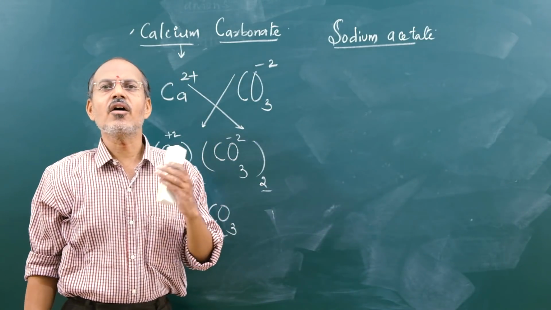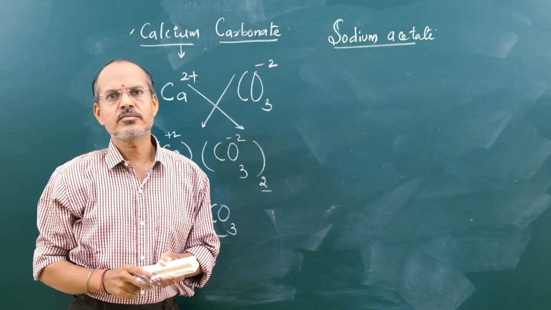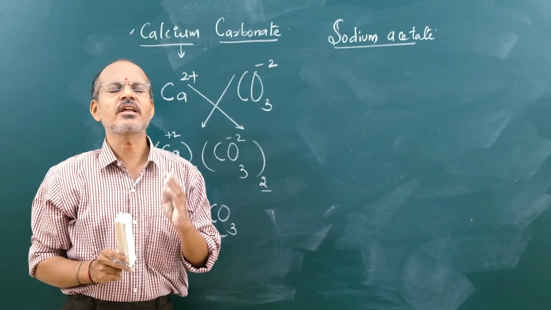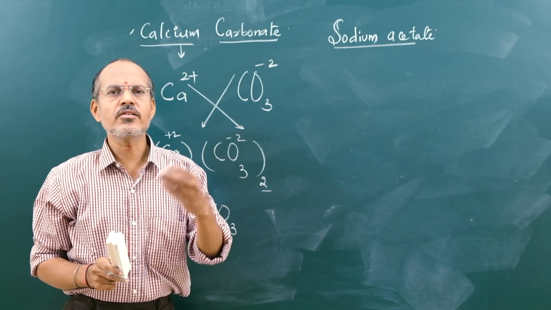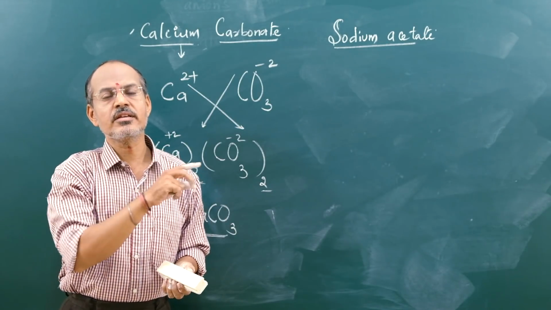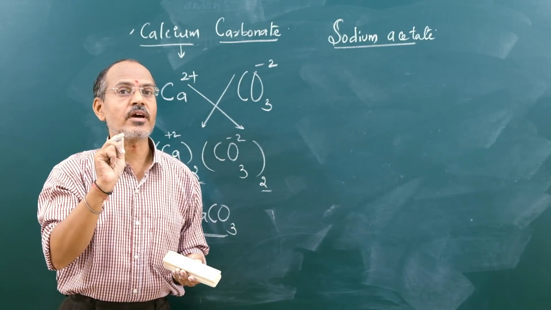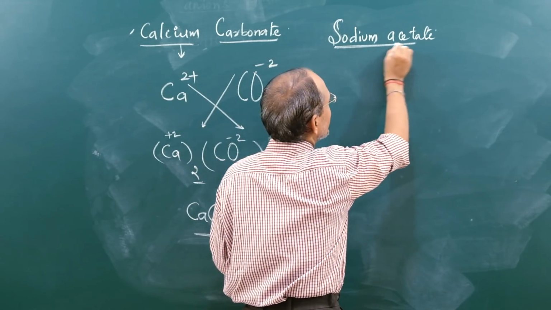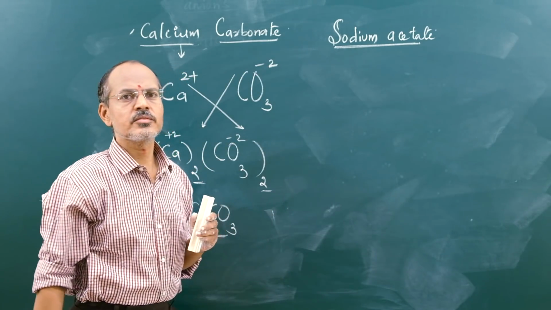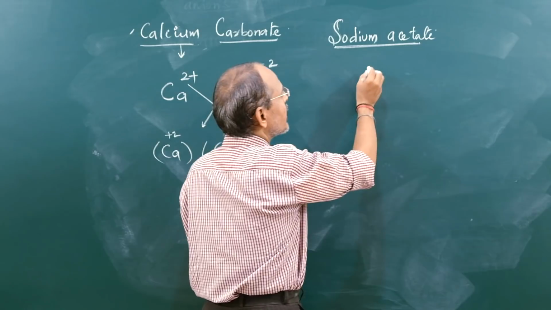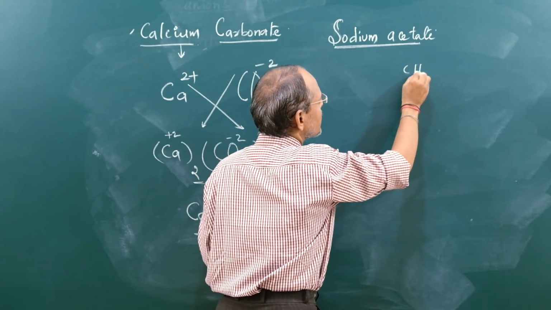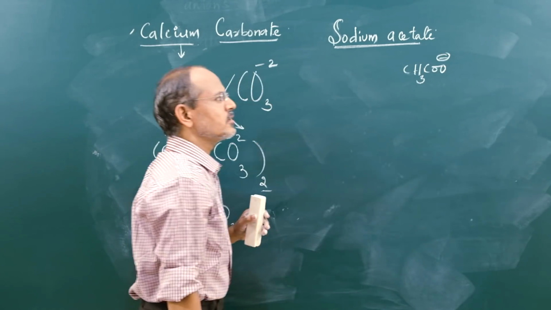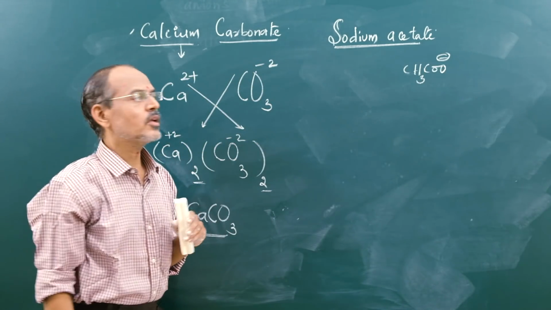Generally, while writing organic compounds, we first present the anion portion and afterwards the cationic portion, particularly when we are talking about salts. So here, sodium acetate. You know already acetate is CH3COO minus. This is the acetate group.